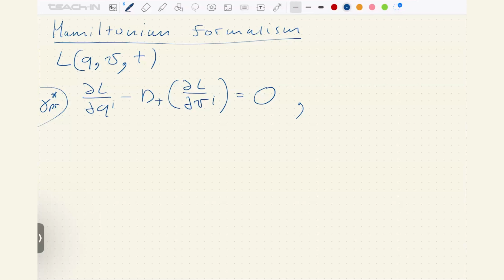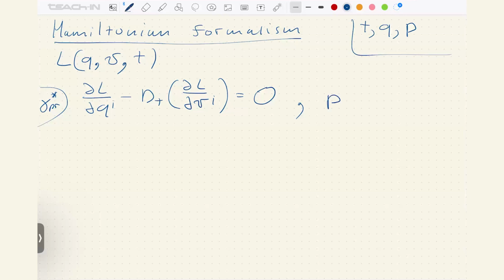Okay, so we can always add a new dependent variable and subject it to additional equations so that nothing changes. Suppose we started with a bundle where we had t, q, and an extra dependent variable pi. But this extra dependent variable pi is totally fixed in terms of the other variables.